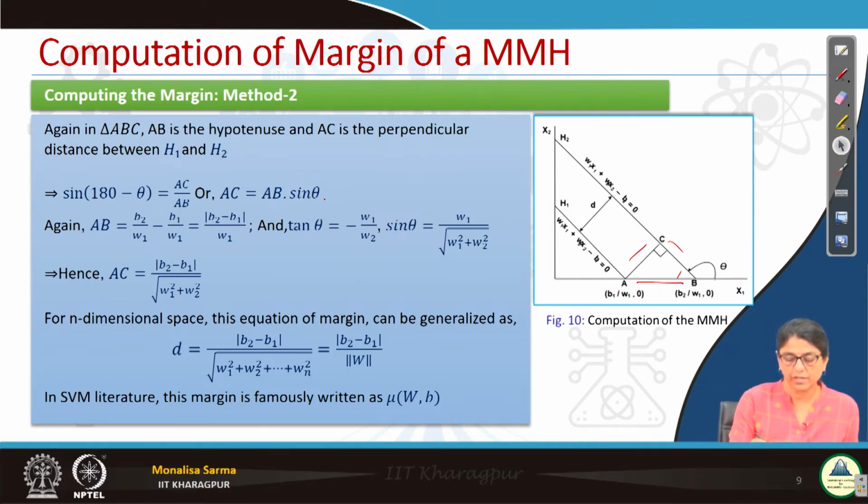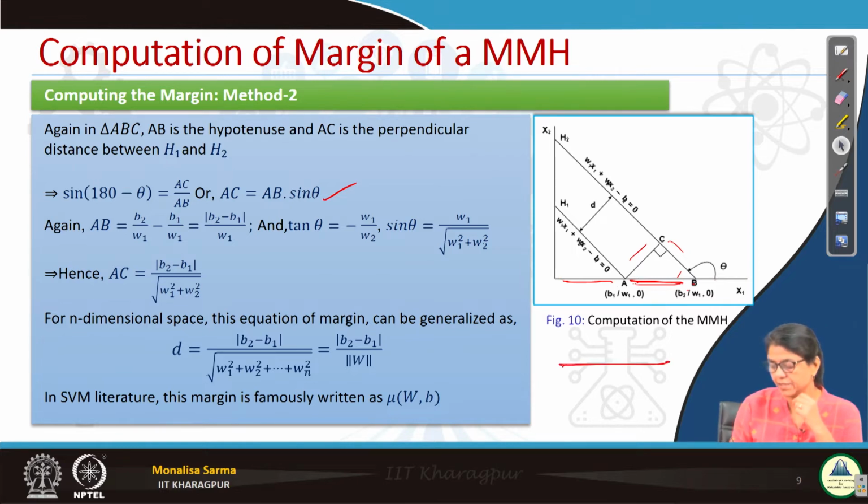So what we got is one expression: AC is equal to AB dot sine theta. So if somehow I can find the value of sine theta and the value of AB, then I am done. I got the value of AC, right? Now how do I find the value of AB? AB is easy to find out. This whole distance minus this distance, isn't it?